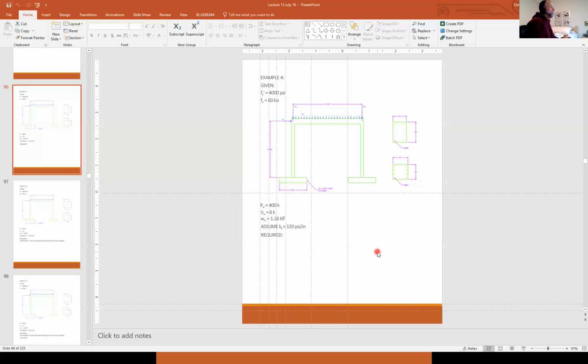But I will tell you as a tip, as a guide, that what I ask of you in the homeworks, as you probably have noticed by now, are much more mechanical. They are asking you more fundamental mechanical questions, like what is the moment capacity of this beam?